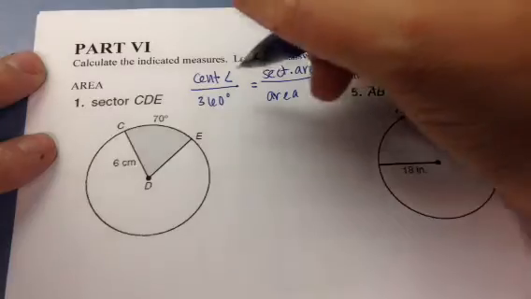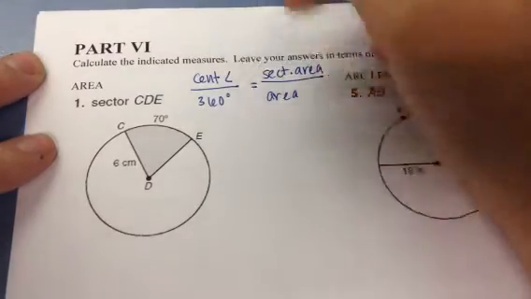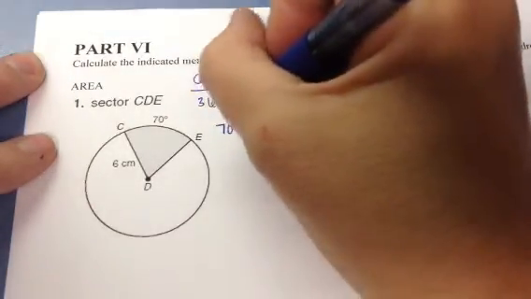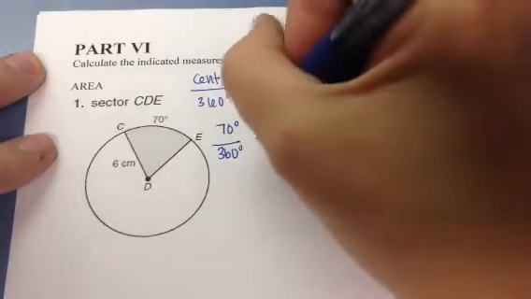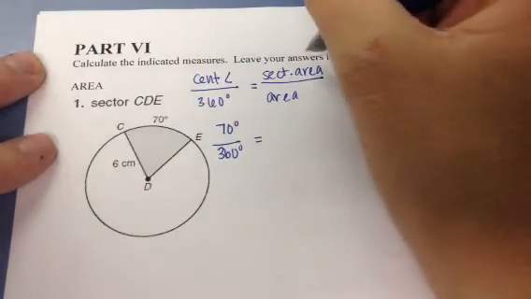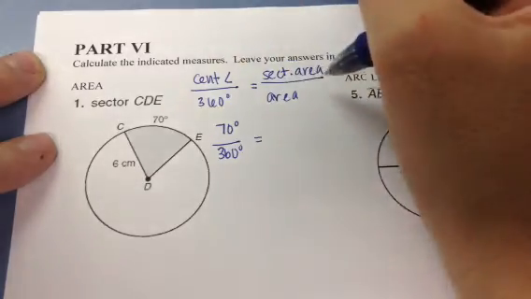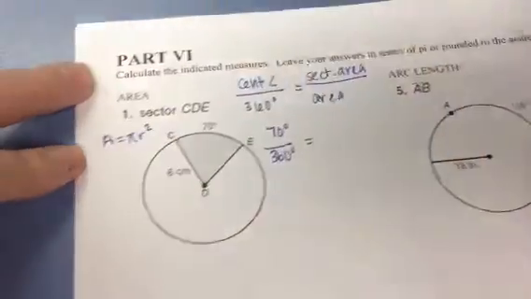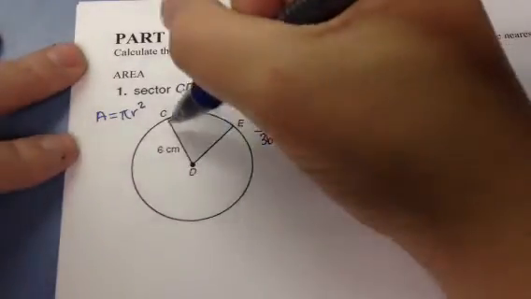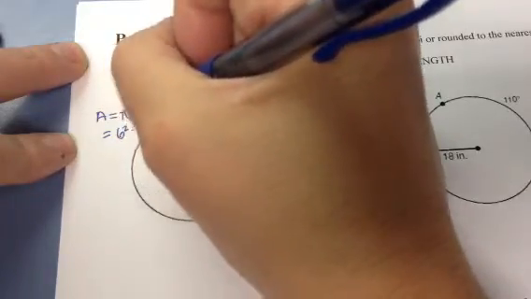So when we go to fill out this proportion, I know my central angle is 70 degrees. I know there's 360 degrees in the circle. I don't know my sector area. But when I find the area of the circle, I know I've got to do pi times the radius squared. So if my radius is 6, 6 squared is 36.